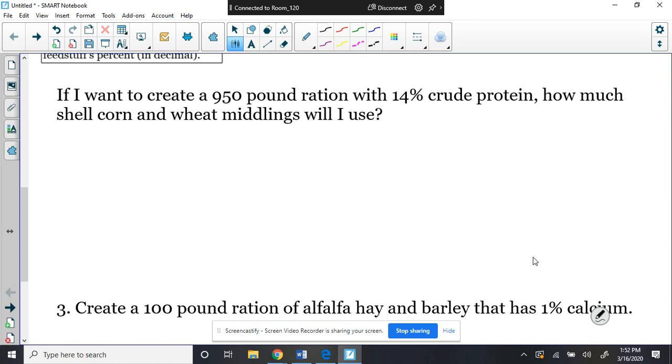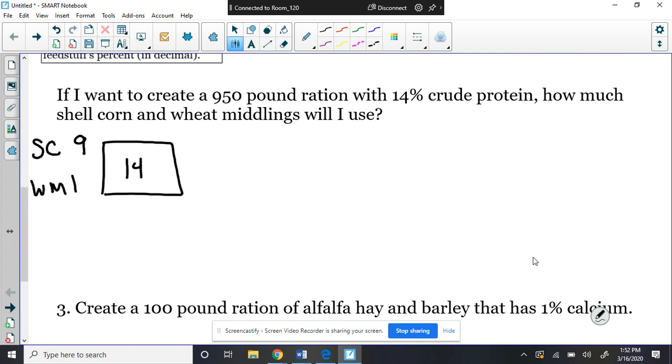For number 2, I'm creating a 950-pound ration with 14% crude protein using shell corn and wheat middlings. If I start going through and solving, put my 14 in the box. Got shell corn, which when I looked at the feed chart was 9% protein.